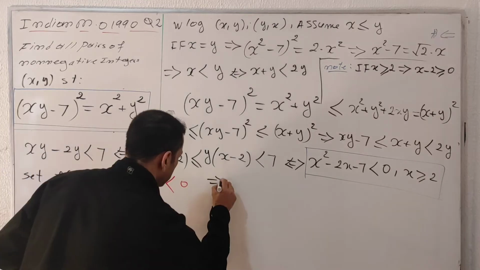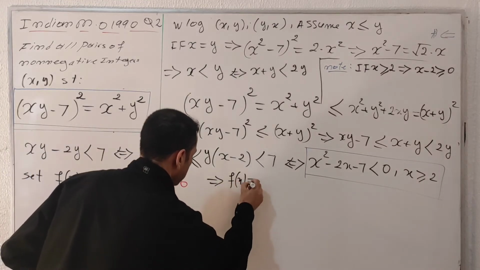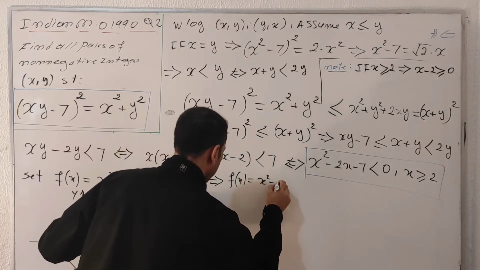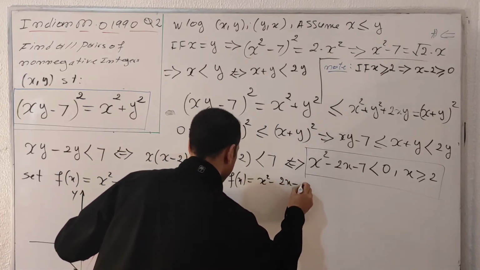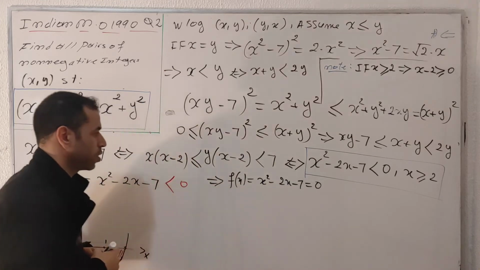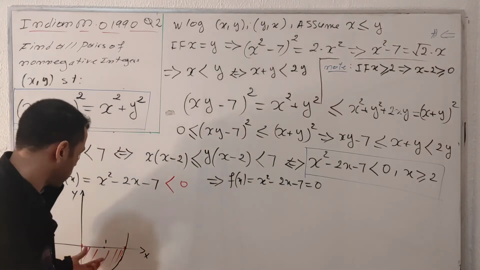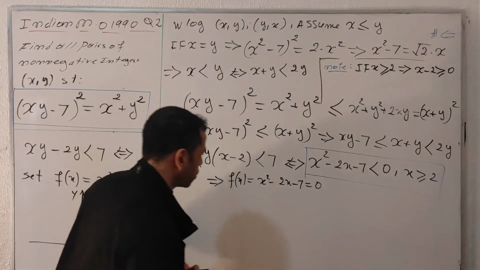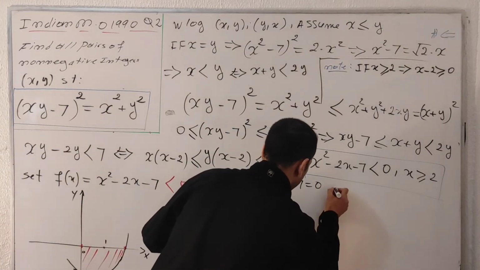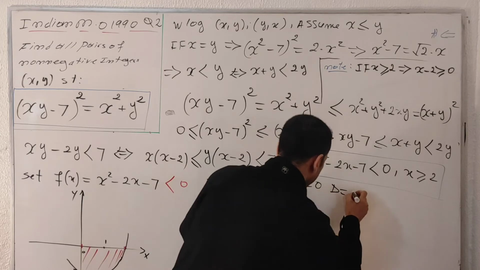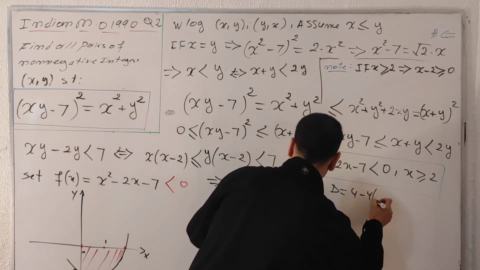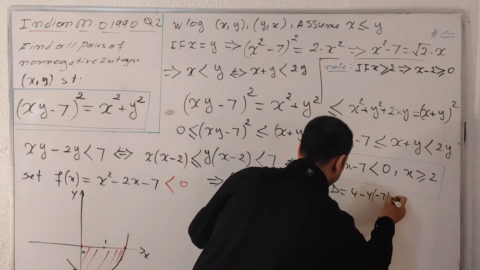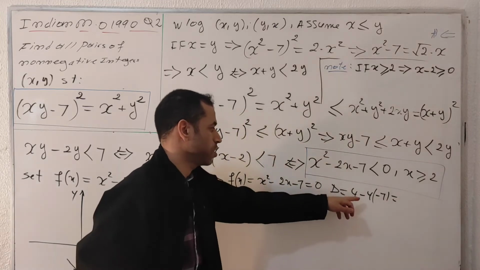So we'll have f of x equals x squared minus 2x minus 7 equals 0. I'm going to calculate the discriminant of this, which is delta. It's 4 minus 4 times minus 7, which gives us 32.